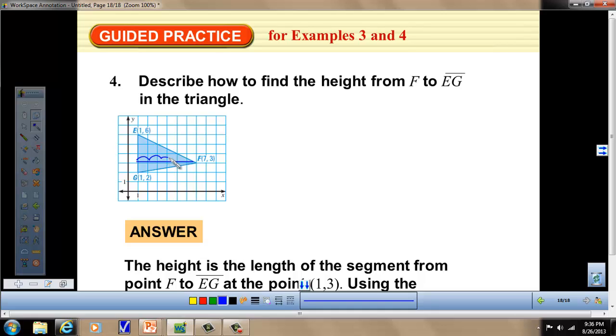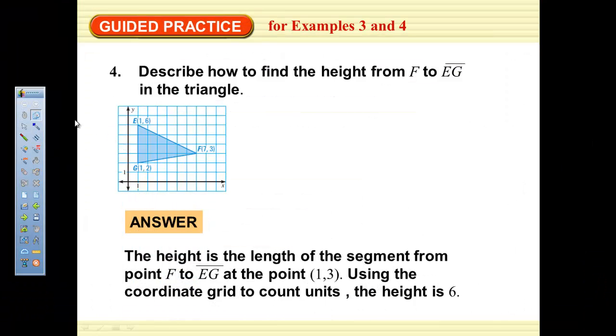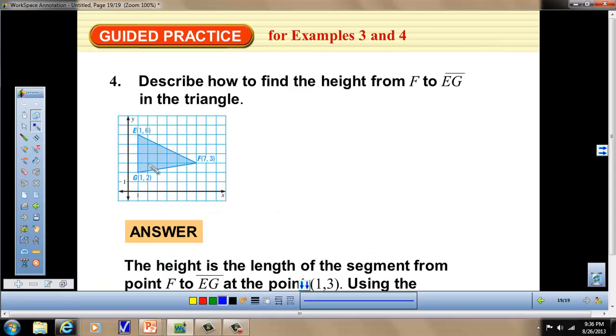1, 2, 3, 4, 5, and the length ends up being 5. Whoops, or 6. I counted wrong. Let's try again. 1, 2, 3, 4, 5, 6.